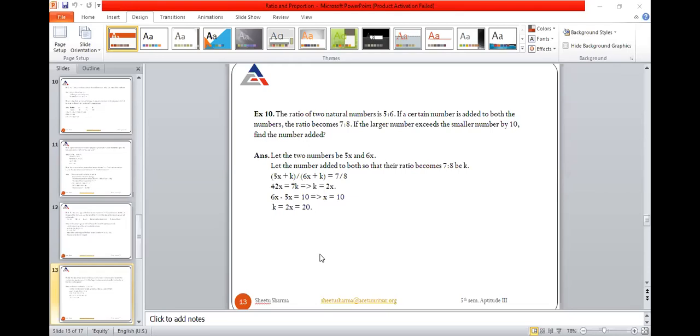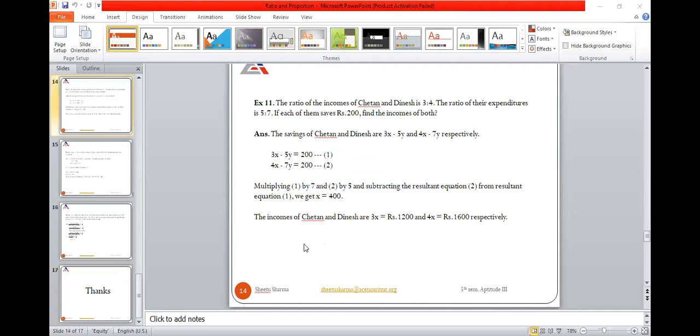Obviously, whatever may be the value of x, the 6x term will be largest and the 5x term will be smallest. ये बात समझ रहे हो ना आप? तो यहाँ पे कंडीशन क्या दी हुई है कि if the larger number exceeds the smaller number by 10, मतलब 6x minus 5x is equal to 10. So we get the value of x equals 10. Substitute x equals 10 in k equals 2x. So it will be 20. We had to find the number which should be added. The number was k and we get the value of k as 20.